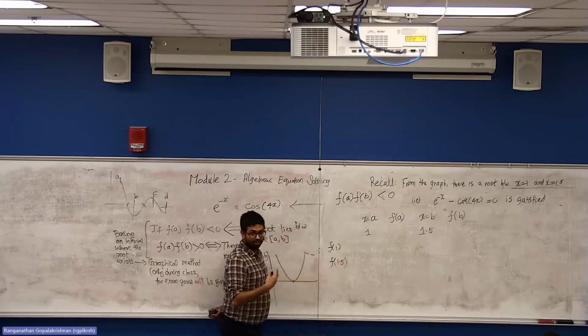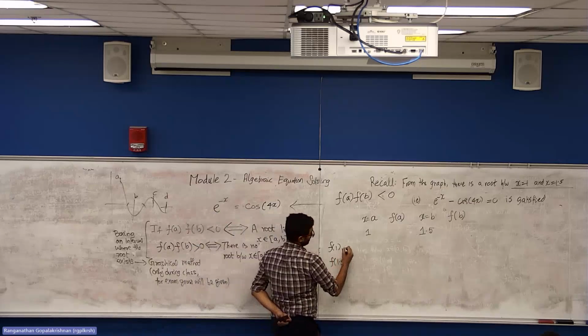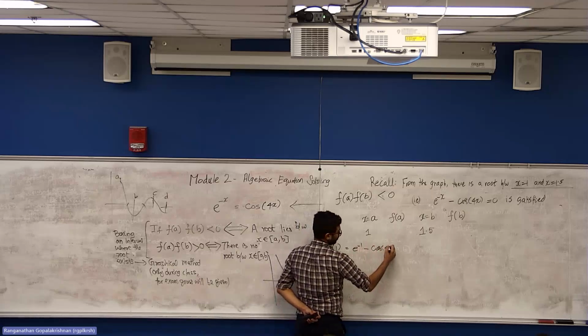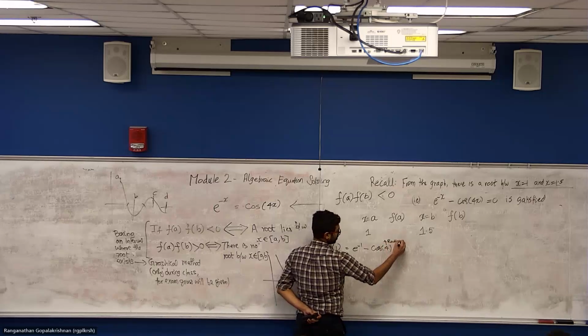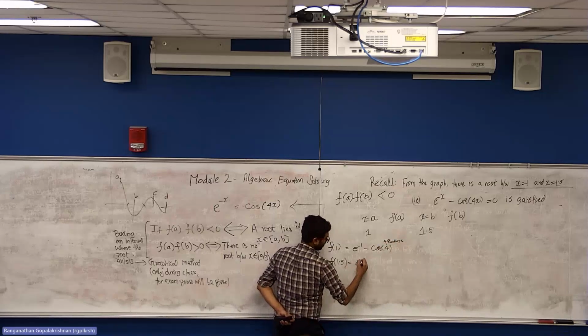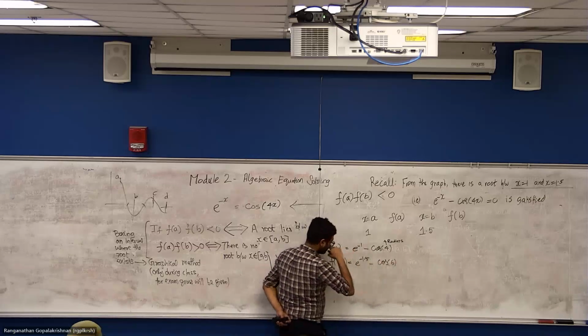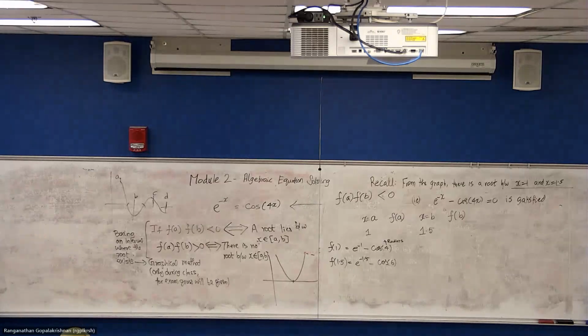Because this is literally what you're going to do in the exam. Let's do this as a hand calculation. This is e to the power minus 1 minus cos of 4. Remember, this 4 is in radians, not degrees. And this is e to the power minus 1.5 minus cos of 6. Can you compute this and tell me, please?